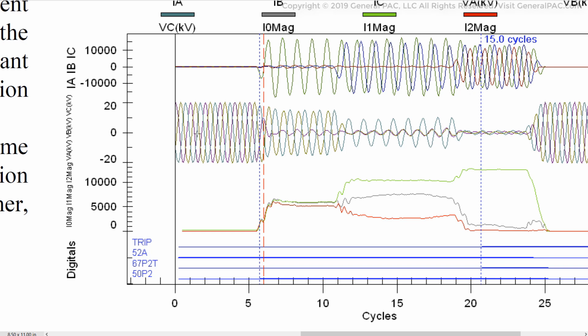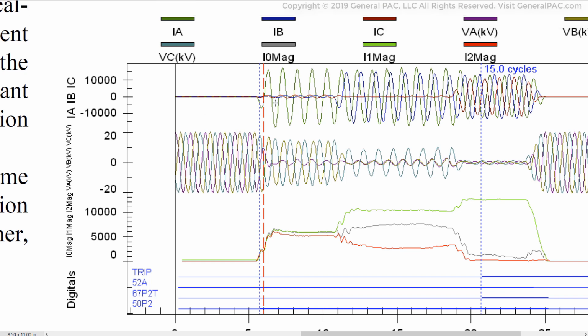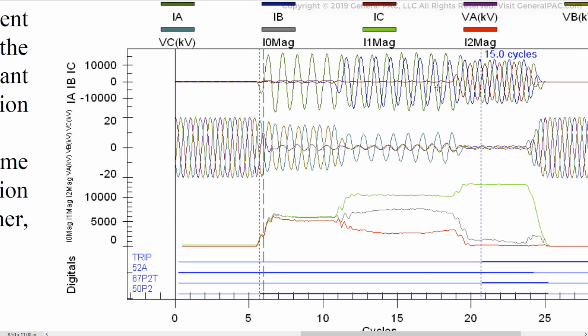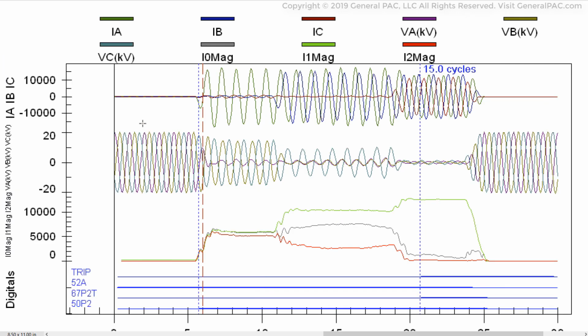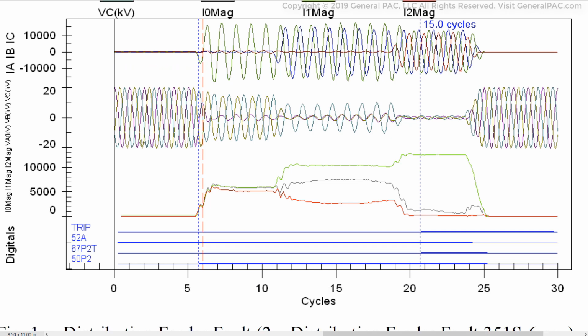This right here are our current waveforms, and we'll talk about it in a little more detail. These right here are our sequence component magnitudes, and these here are our digitals. From the waveforms itself, it appears like power is flowing into the bus, or in the reverse direction.